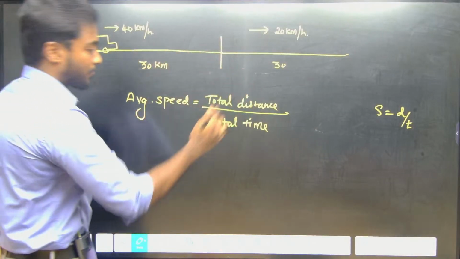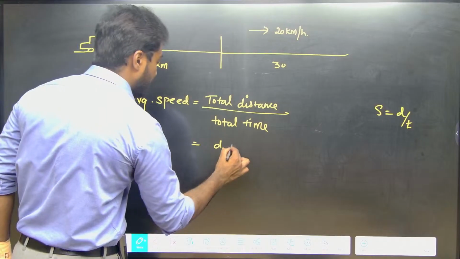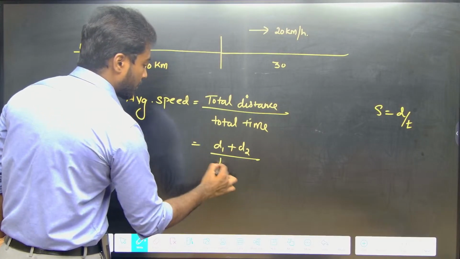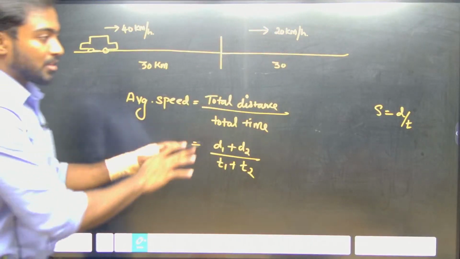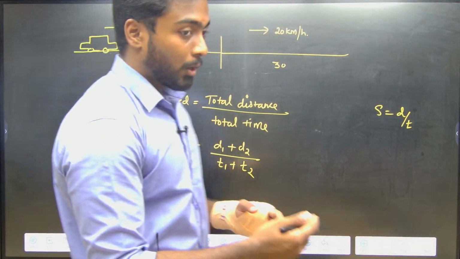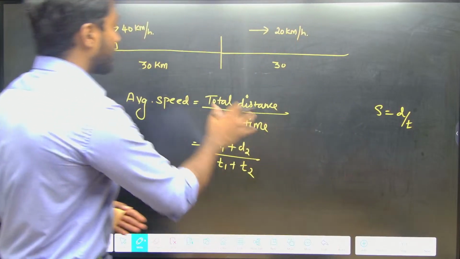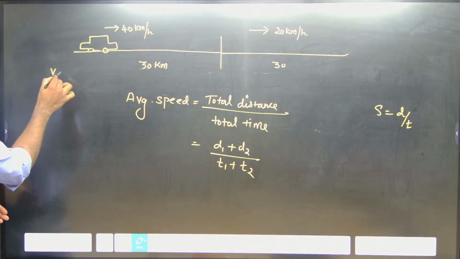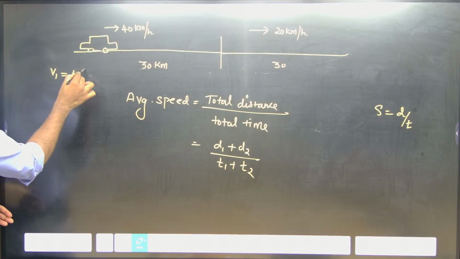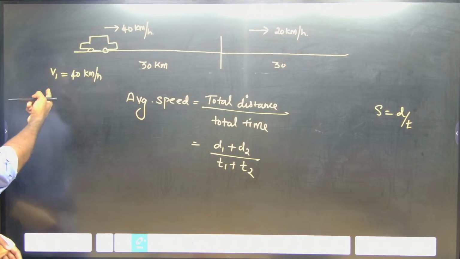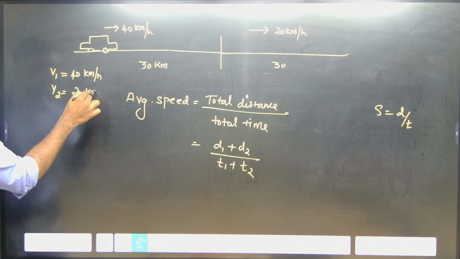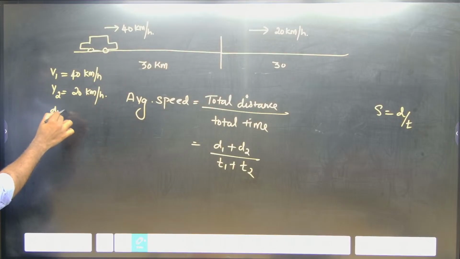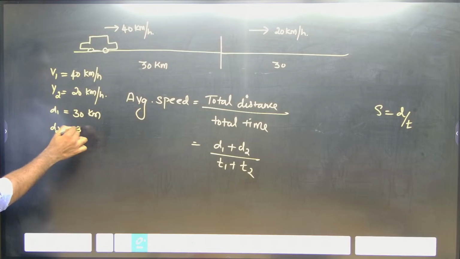First half and second half they have given. Let me take d1 plus d2 by t1 plus t2, and this is about the given terms and whatever we know. Let me write the given here. V1 is equals to 40 kilometer per hour in the sense speed, V2 equals to 20 kilometer per hour, D1 equals to 30 kilometer, D2 is equals to 30 kilometer.